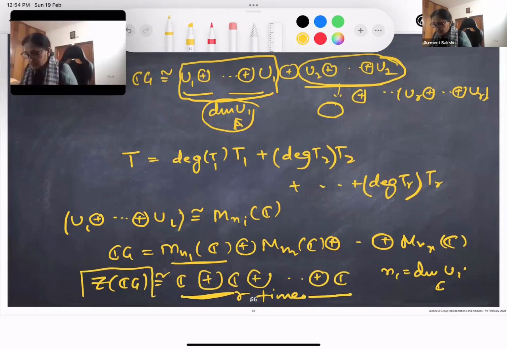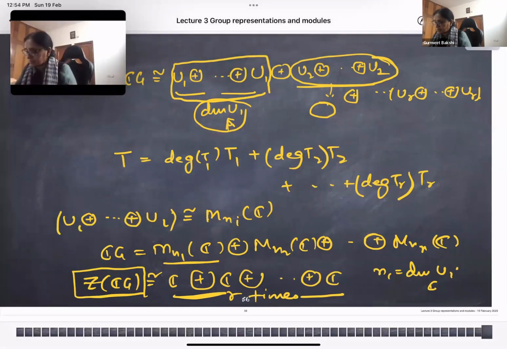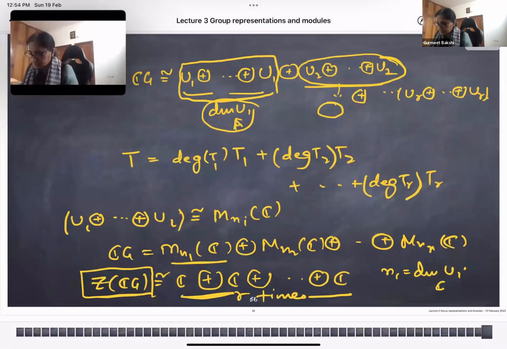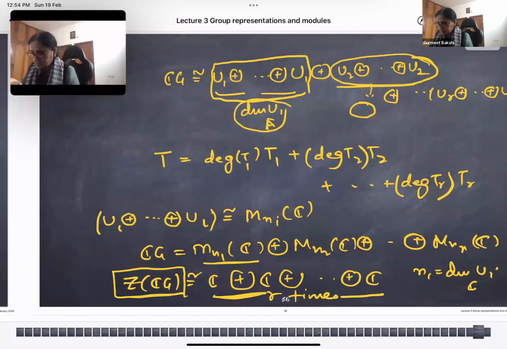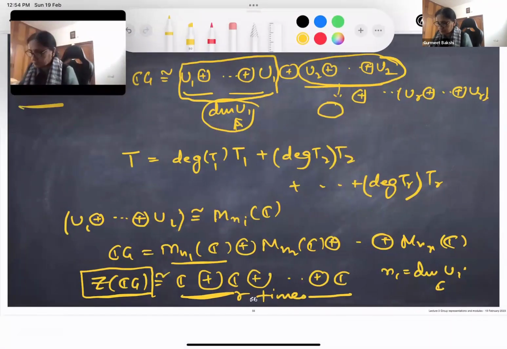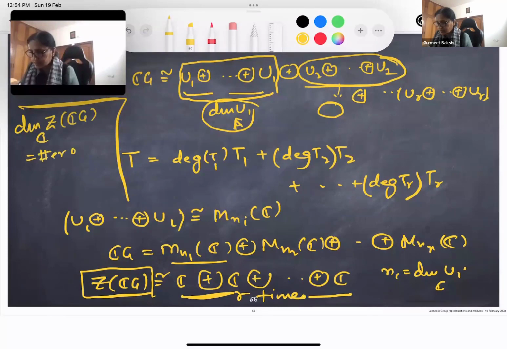And then you can prove that its dimension over C is the number of conjugacy classes. So the dimension of the center of CG over C is equal to the number of conjugacy classes of G.